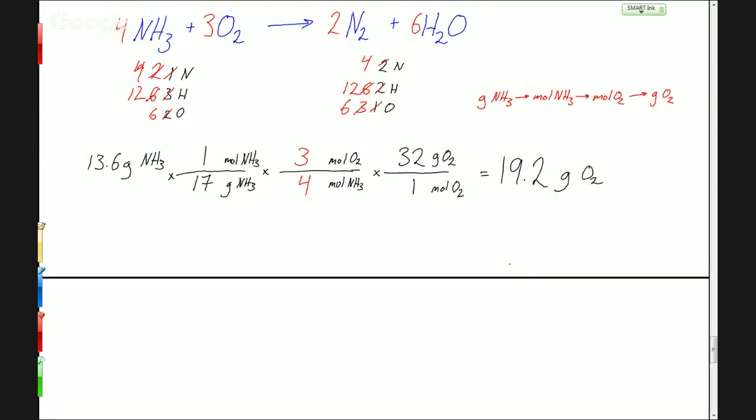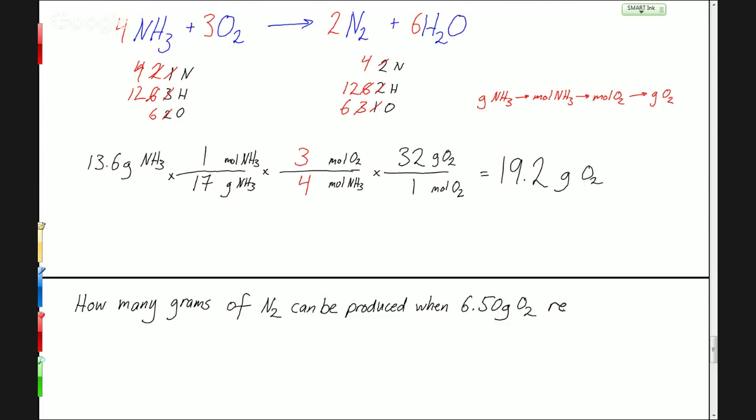Now, instead of asking how much reacts with a certain amount of oxygen, the question is, how many grams of nitrogen can be produced when 6.50 grams of oxygen reacts?